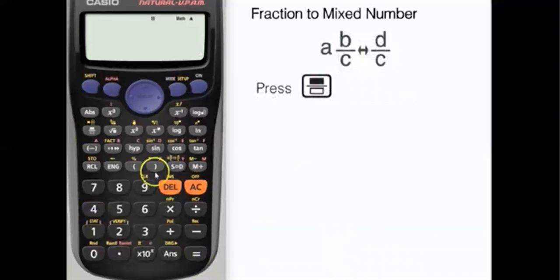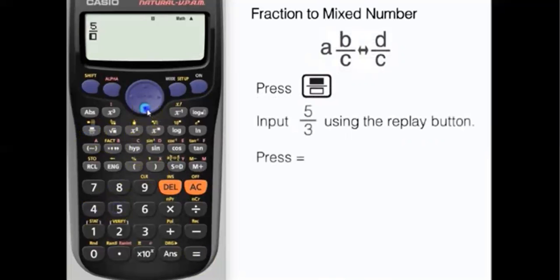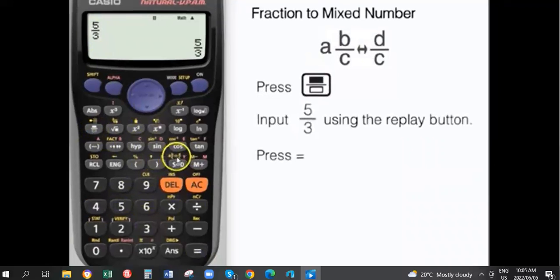Let's try now to change between a fraction and a mixed number. To do this, we're going to input an improper fraction, 5/3, and then press equals. We're going to change the improper fraction to a mixed number using this function here.